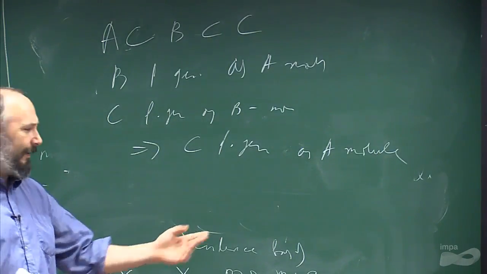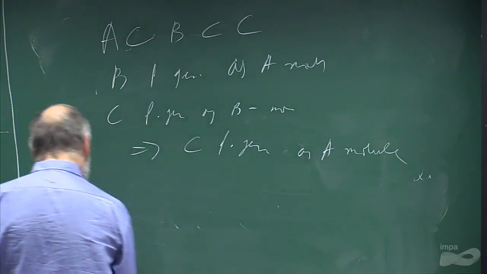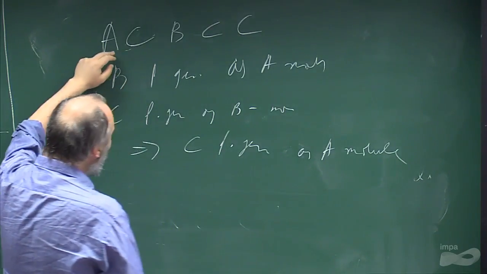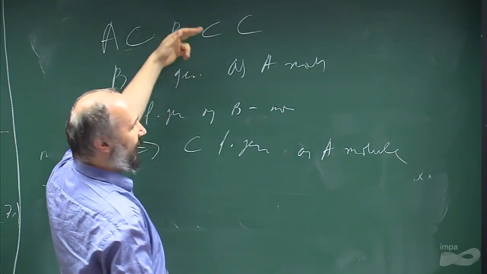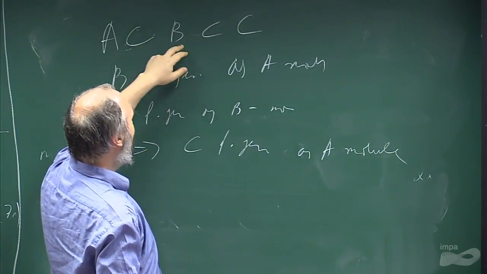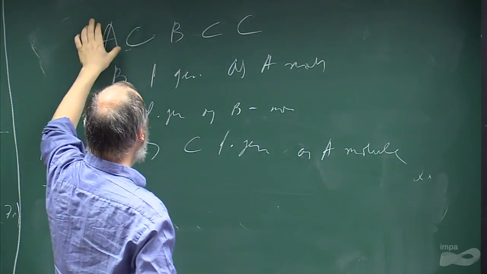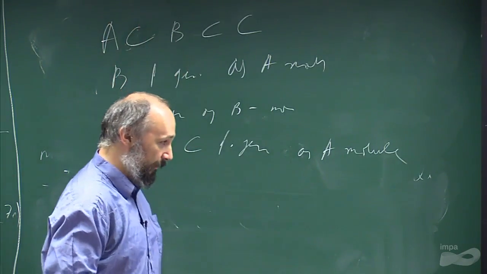Should I explain this? We had it lots of times. The idea is to take generators of C over B, and then express these generators in terms of generators over A using generators of B.